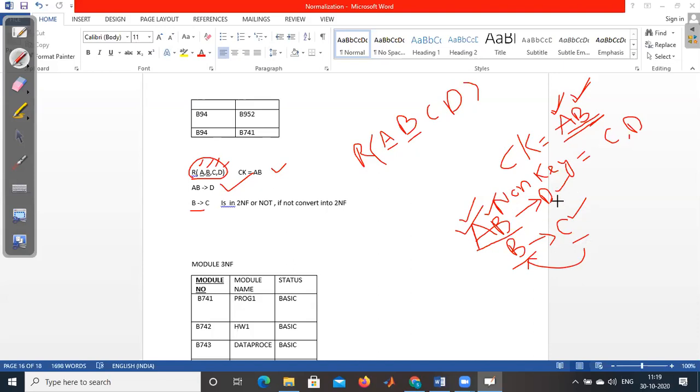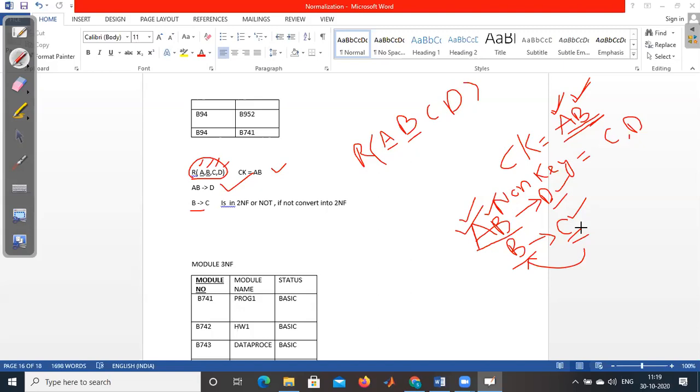See here, in the case of AB tends to D, D is fully dependent on the key attributes AB. But C is partially dependent on the key. AB are the key attributes, but C is dependent on only one key attribute.